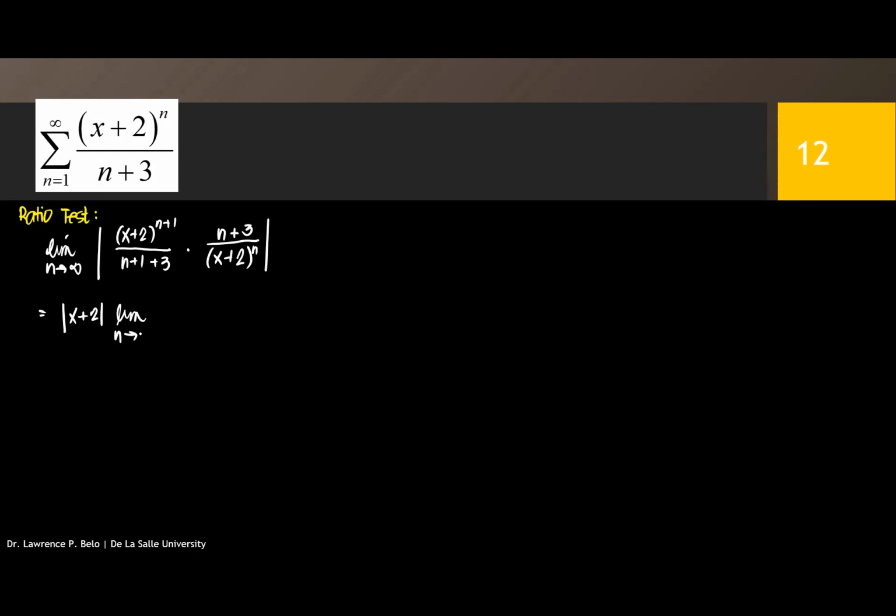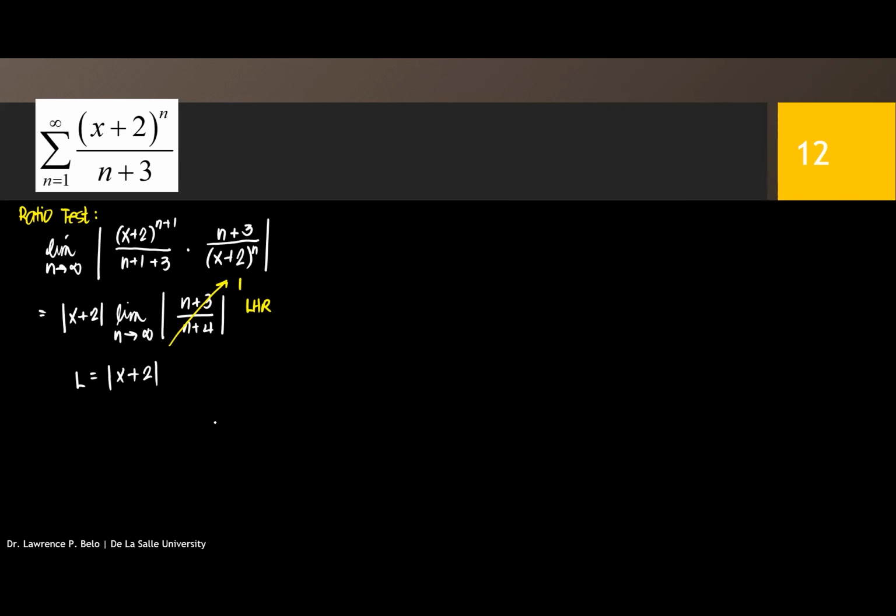The limit as n approaches infinity of n plus 3 over n plus 4. And then again, similar to what we've been doing, when you plug in n in here, it becomes infinity over infinity. However, applying L'Hopital's rule, that is equal to 1. So that means, again, your limit will be simply the absolute value of x plus 2.